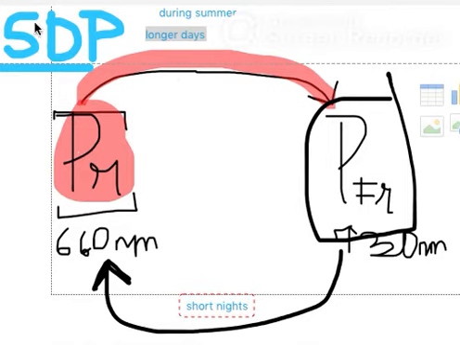So as I told you, short day plants are plants which flower in winter. So during summer, what happens?